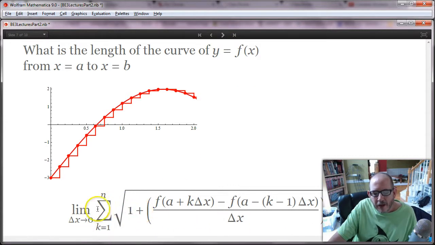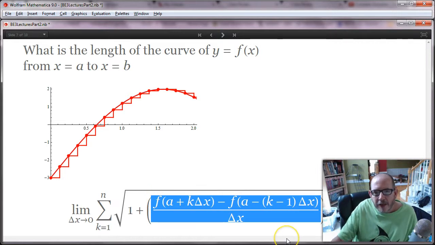So I pull this out, I'm taking the limit as delta x goes to 0, which means I'm letting n get bigger and bigger, so my intervals get smaller and smaller. And I first want to take a look at this inside here. That inside there is a difference quotient. It's the difference in the y values across here, divided by the difference of the x values.